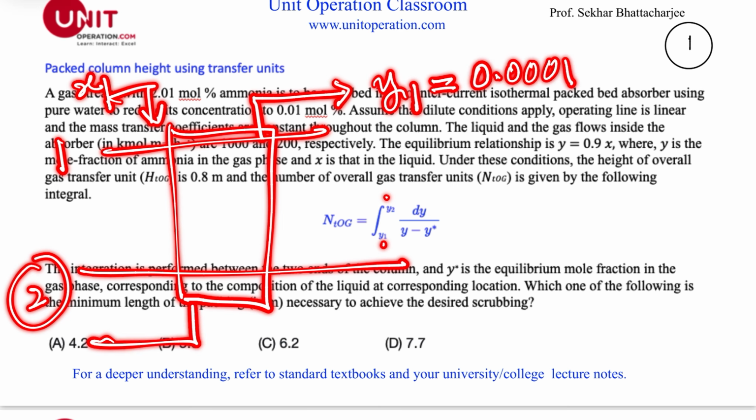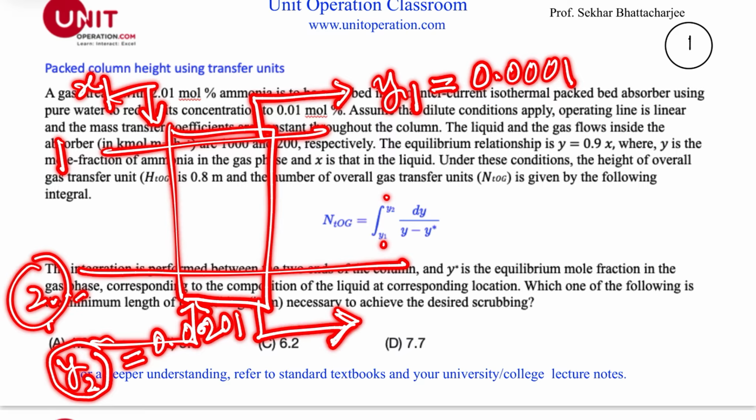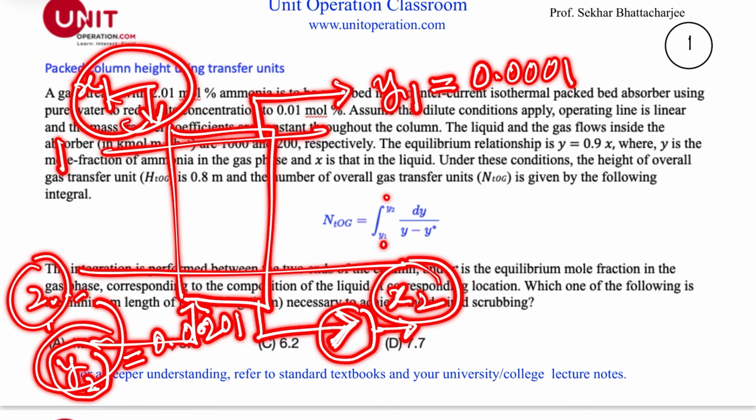At level 2, the mole fraction of ammonia in the entering gas is Y2, equal to 0.0201, and the water stream containing ammonia coming out from the bottom is X2. So this is X2, Y2, and this is X1, Y1.